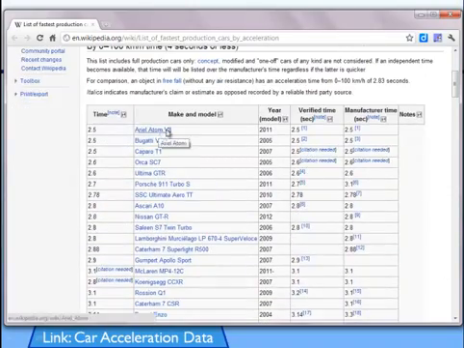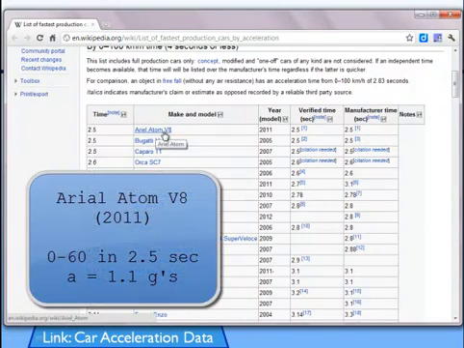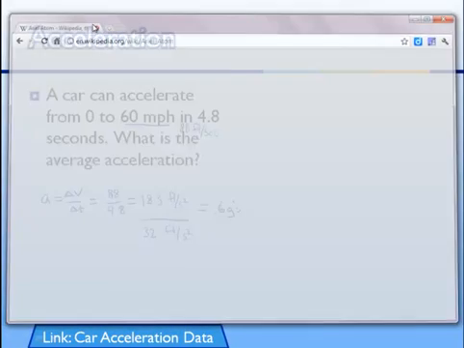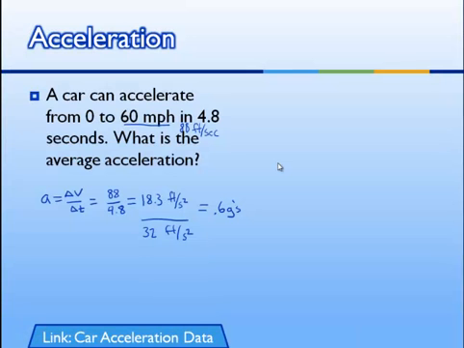It appears the car with the greatest acceleration currently is the Ariel Atom V8. Of course, that doesn't look like a real car. Anyway.